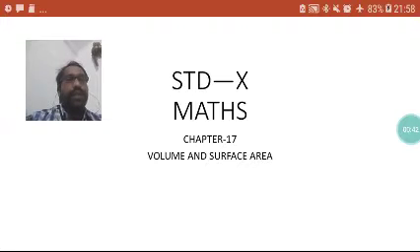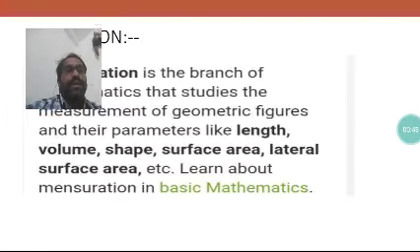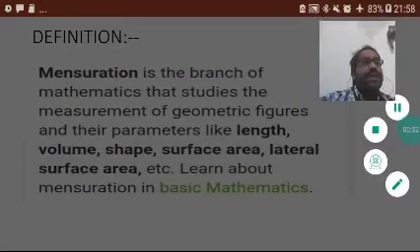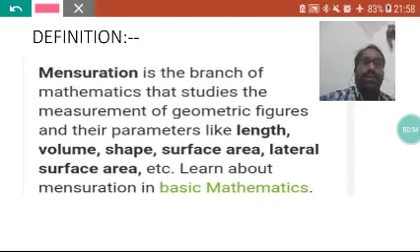So first of all, what are the 2D shapes and what are the 3D shapes? So let us understand. This is the mensuration part.